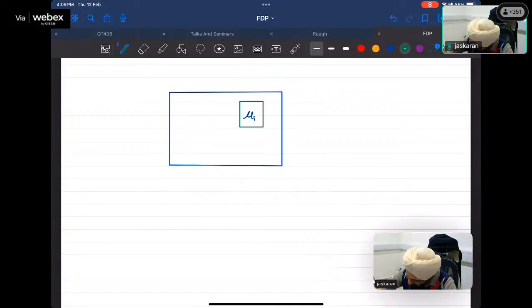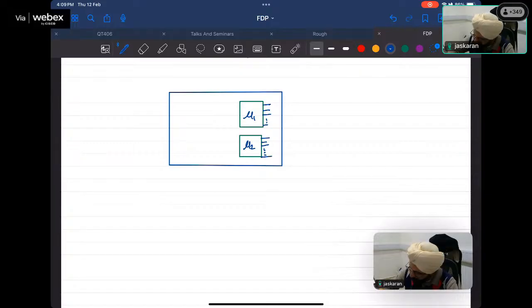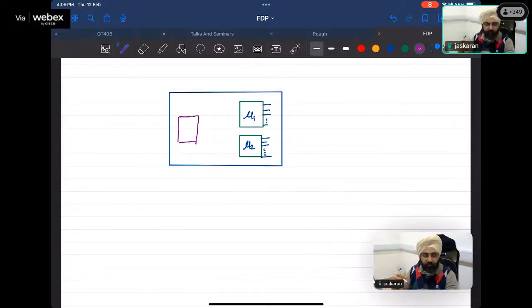Similarly, it has another black box corresponding to a projective measurement for the setting mu2. This black box will have several outcomes, and this black box will also have several outcomes. And what we do now is introduce a randomizer, or a box or a process which is random.